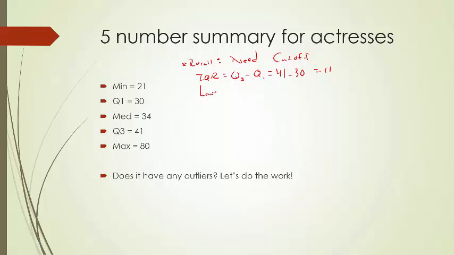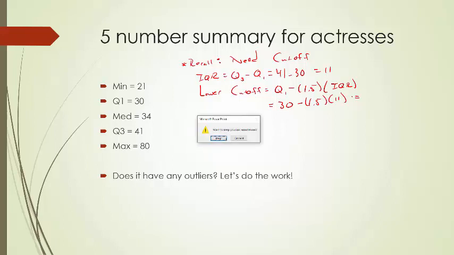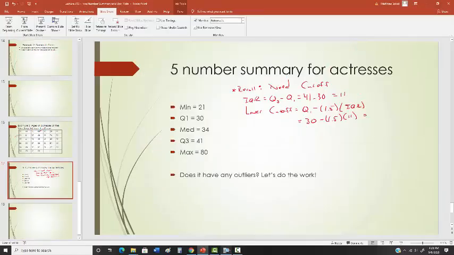Now the lower cutoff, or the lower limit, you're going to take Q1 minus 1.5 times the IQR. In this case, because I give you Q1, this is 30 minus 1.5 times 11. Let's grab our trusty calculator here.